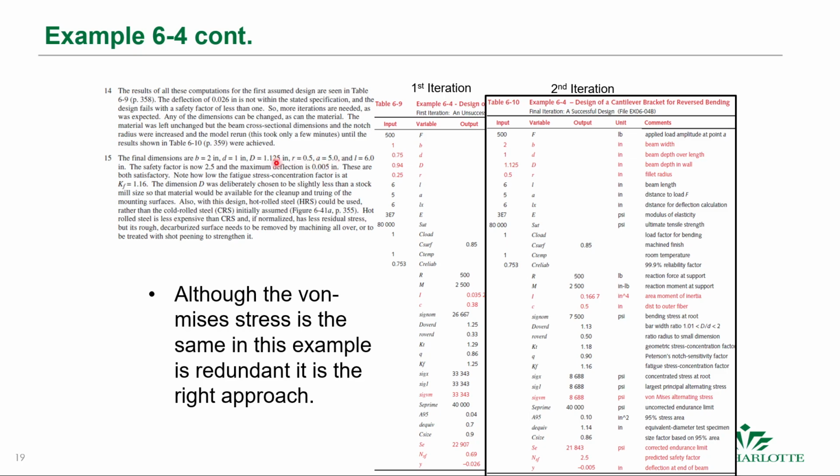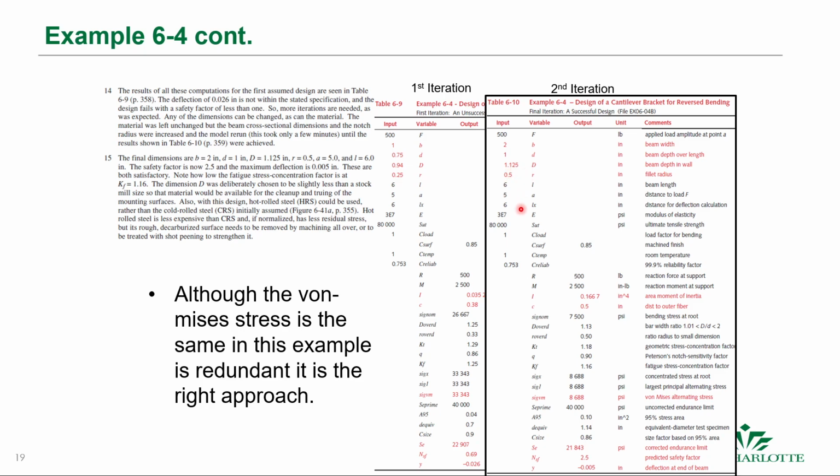And the rest of these parameters were selected. So it drops the fatigue safety factor a little bit, and it adds more material for the stress. When they went through the redesign, you can see how these parameters changed: B from 1 to 2, 0.75 to 1, 0.94 to 1.25, 0.25 to 0.5, etc.